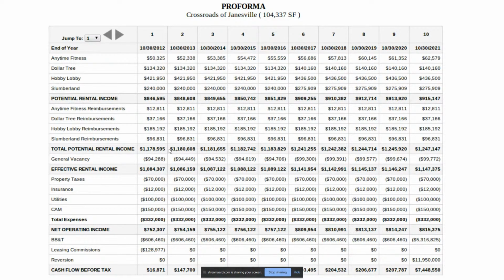Okay, and then you look down here at cash flow before taxes, right? 16,871. So for almost $1.1 million income, you're looking at cash flow of 16,000. And you ask, why is that so stinking low?